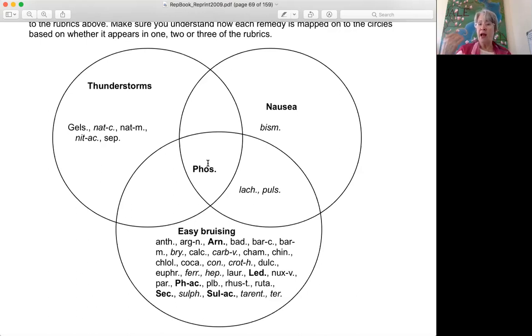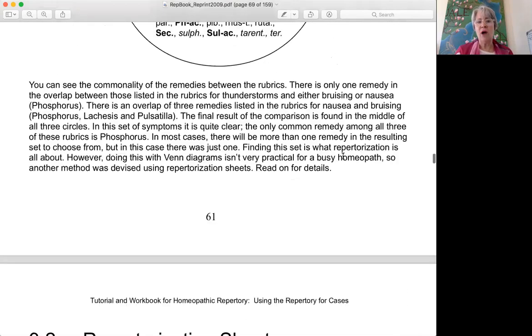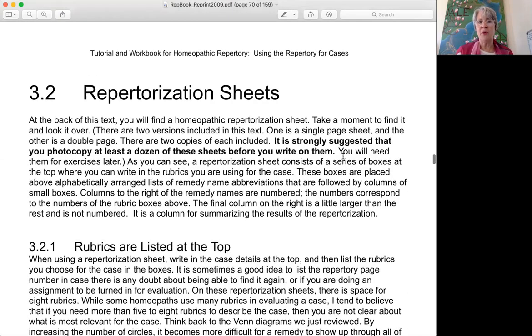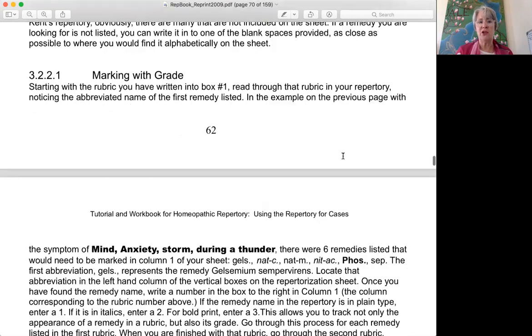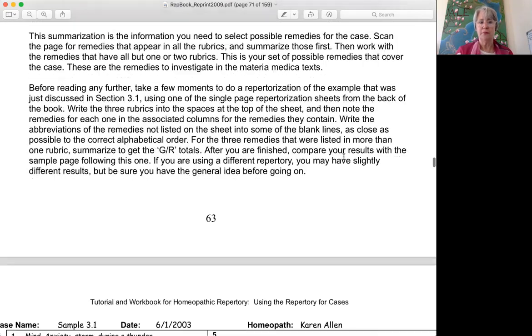Now, if we are trying to identify those things that match our 3-legged stool, this is our approach. And when I first started out using the repertory, we didn't have computer repertorization tools yet. David Workington was just building MacRepertory. And so this was back when I started studying homeopathy in the 1980s. So I started out with paper repertorization sheets. I'm going to show you an example of one here.